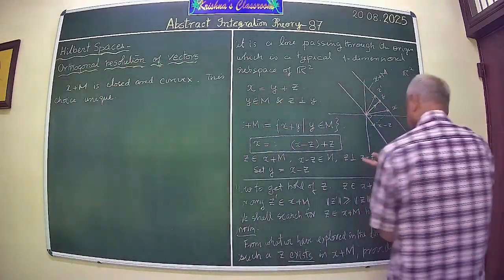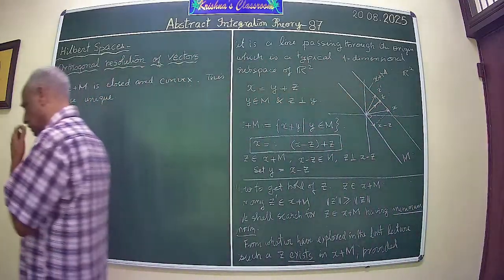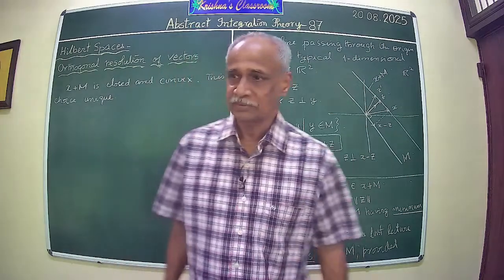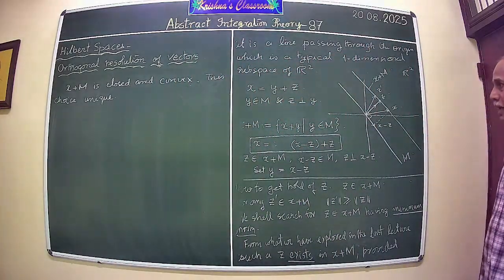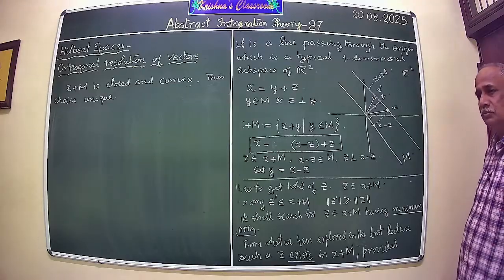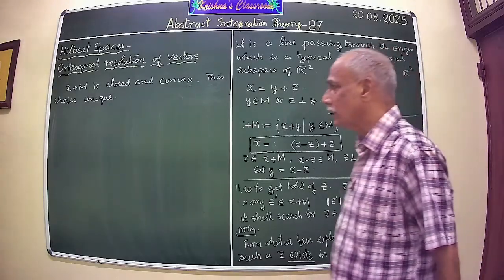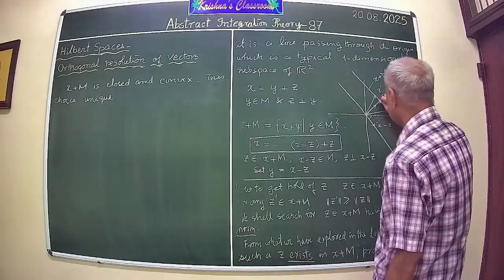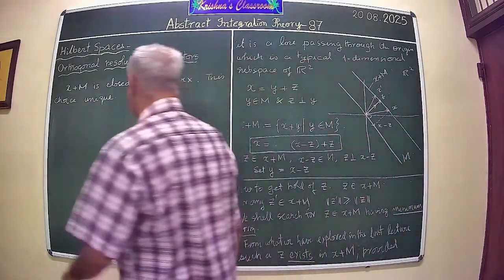So we have proved this theorem that if you have in a Hilbert space a closed convex subset, then there exists a unique vector whose norm takes the minimum value. Okay. So what we are searching for is such a position, and this exists. Okay.